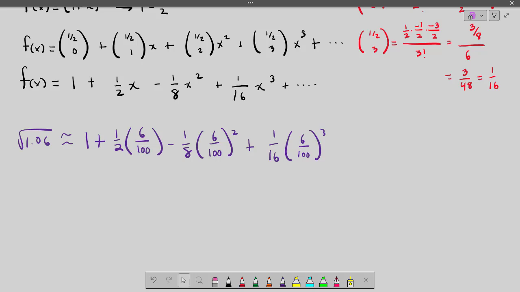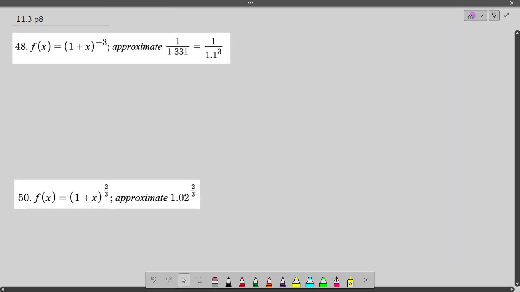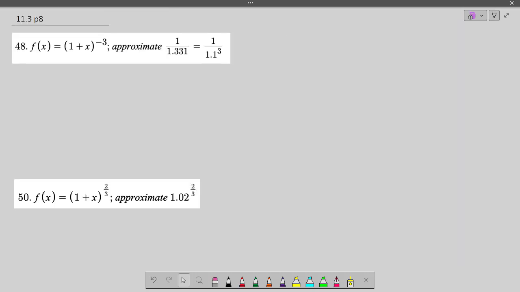All right, let's try another one. So 1 plus x, that's a binomial, to the negative 3. If you wanted to, you could just start taking mad derivatives and plugging in the center. But if we're going to do it with a binomial series, it's going to be a little bit easier.